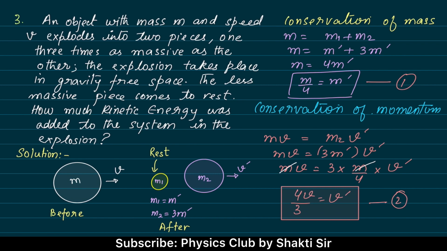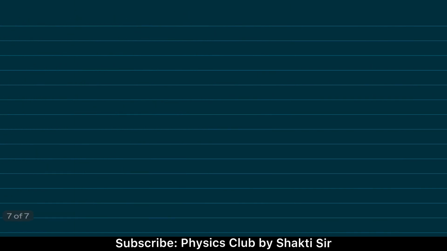Now, based on the kinetic energy, we need the final kinetic energy, because we know the initial kinetic energy is 1 by 2 m v square. So K initial is equal to 1 by 2 m v square. What about the final kinetic energy? Final kinetic energy is equal to half, mass 2, v dash square.